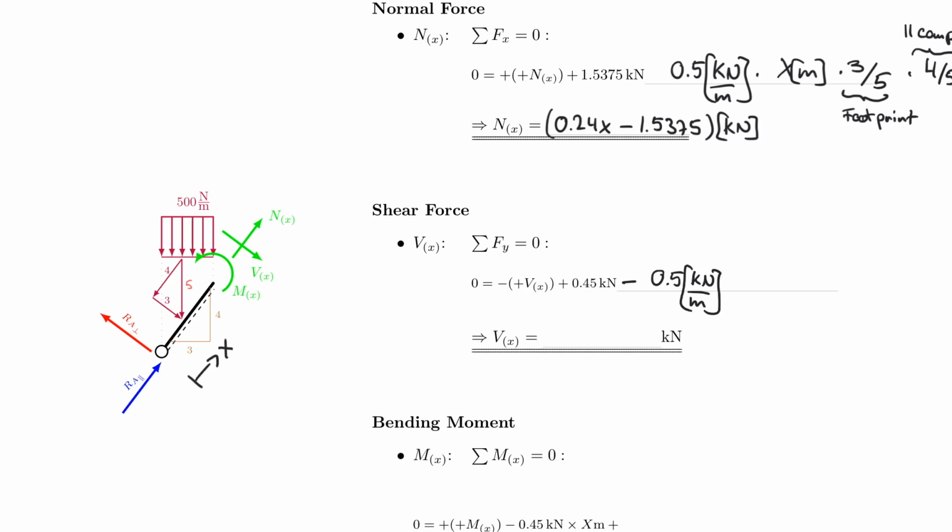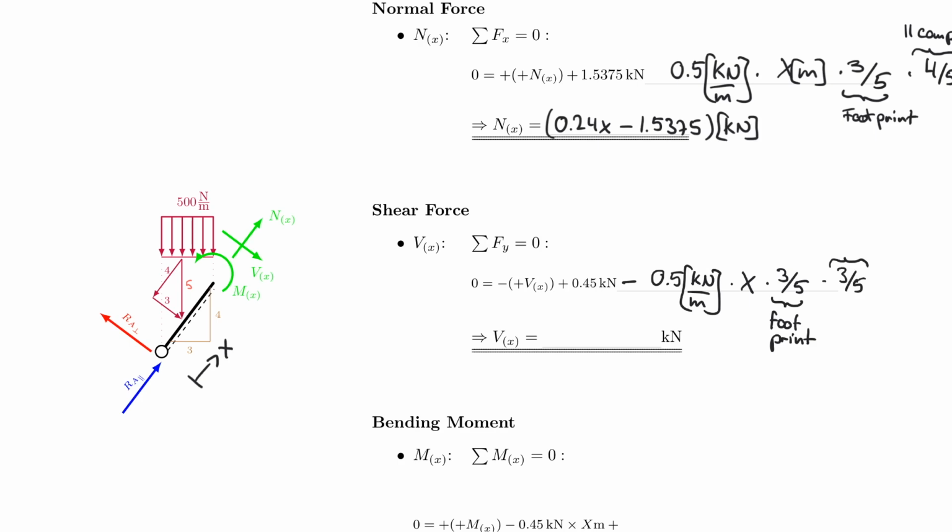And I multiply that by x, but x, once again, is going along the axis of the beam. So I need to get the footprint, because the 500 is actually along the footprint. So times 3/5, once again, footprint. And then I need to get the perpendicular component, which is also 3/5.